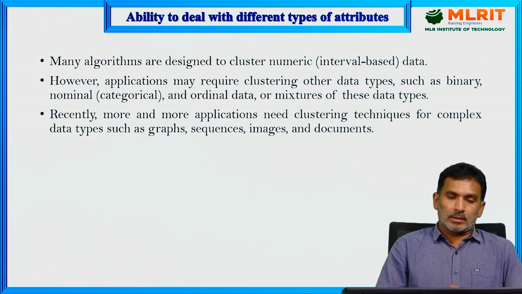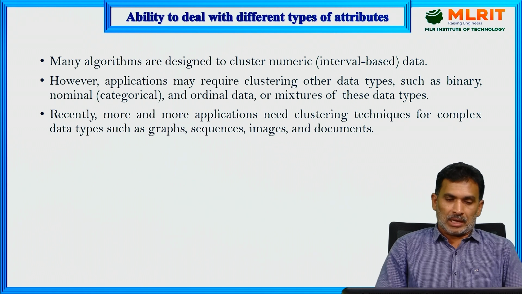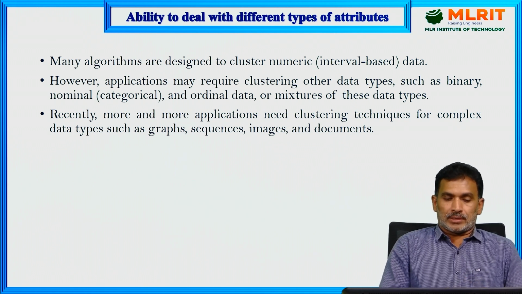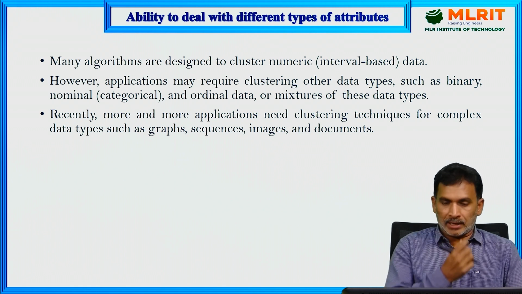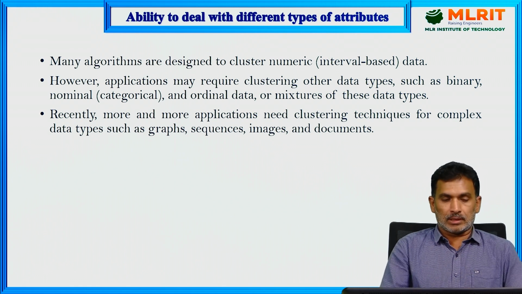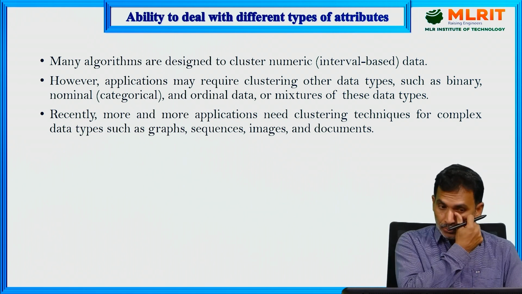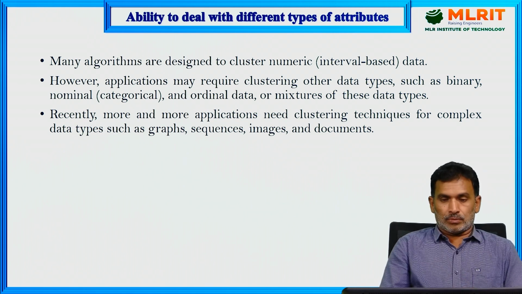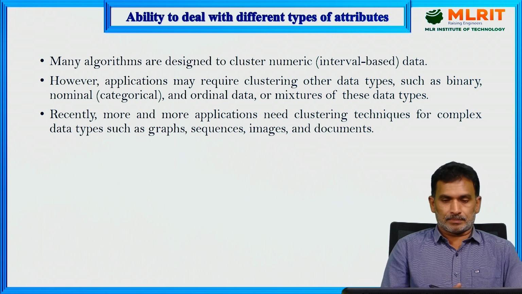The second requirement is the ability to deal with different types of attributes. As we discussed in the previous lecture, there are categorical and nominal attributes, and I already explained the different types of attributes in lecture number 5. You can go back to that and understand the different types of attributes. So how can we deal with those attributes? That is one of the requirements in clustering analysis.